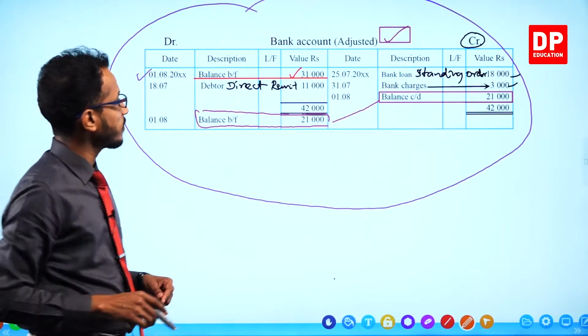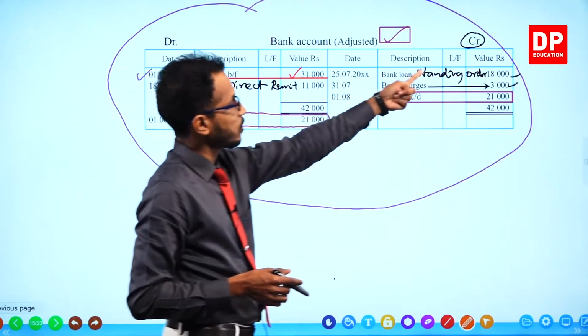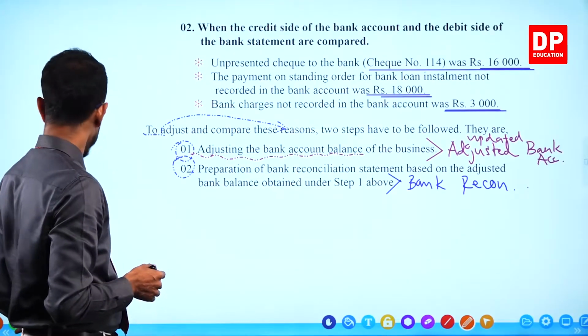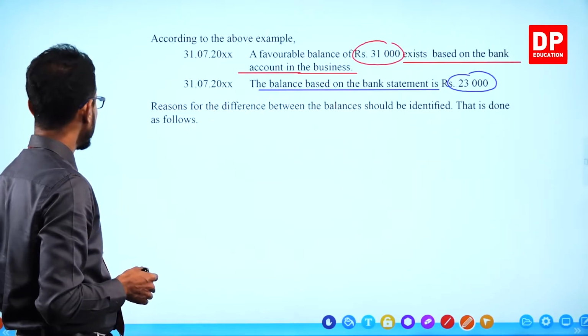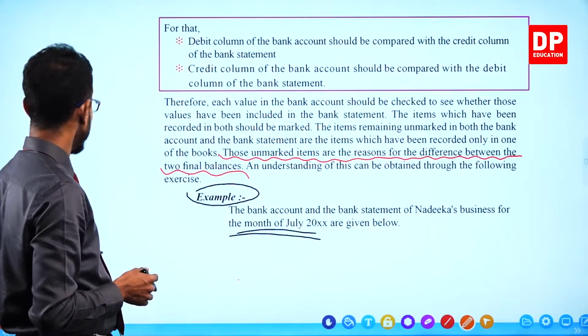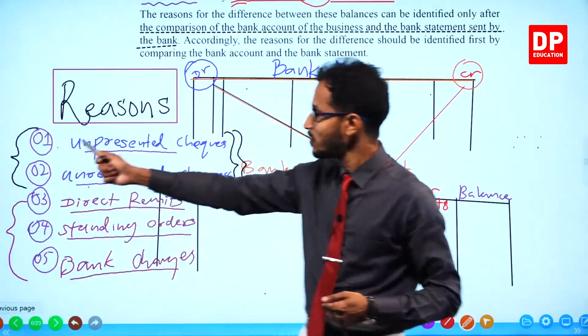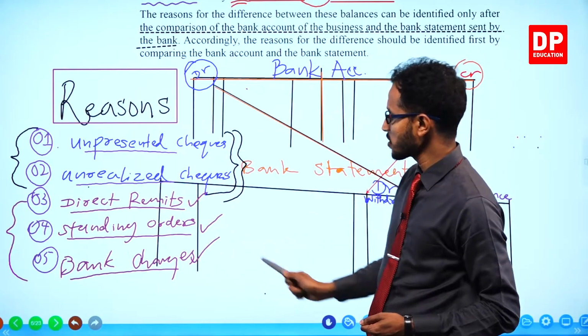Just before we go to that question, one quick reminder. We have taken direct remittances, standing orders and bank charges.